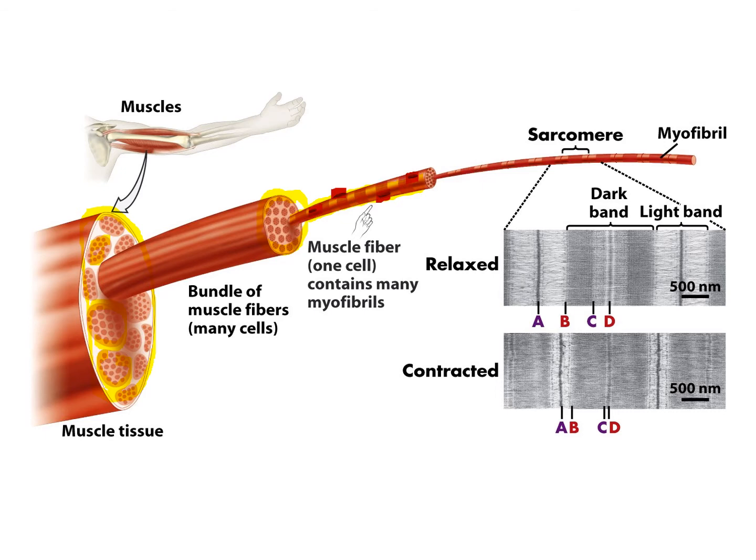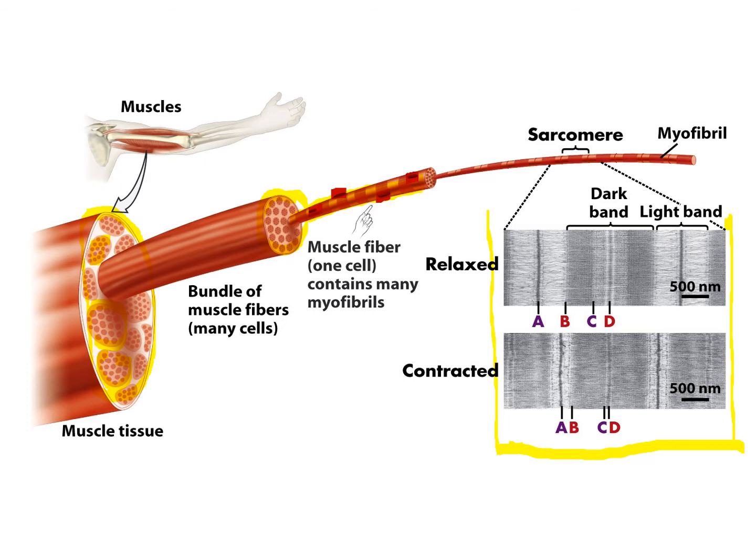And when you look inside, it contains several myofibrils. And if you look under the microscope at a myofibril, what you see is this very repetitive striped pattern, dark stripes, light stripes. This is an electron micrograph. These two diagrams are electron micrographs, photographs from an electron microscope.